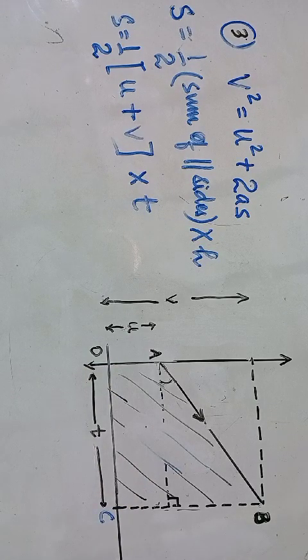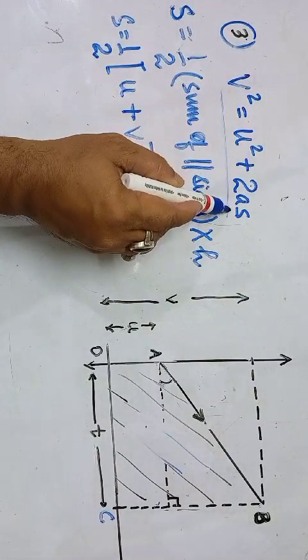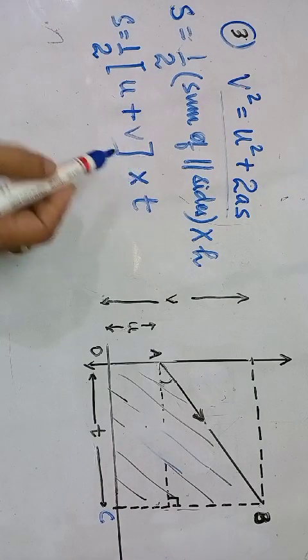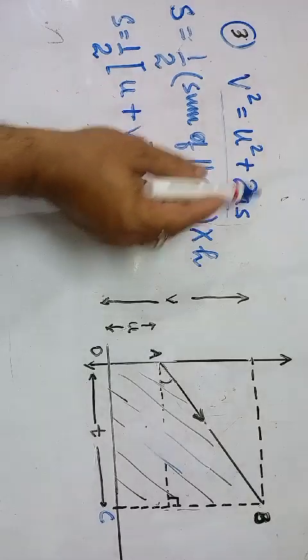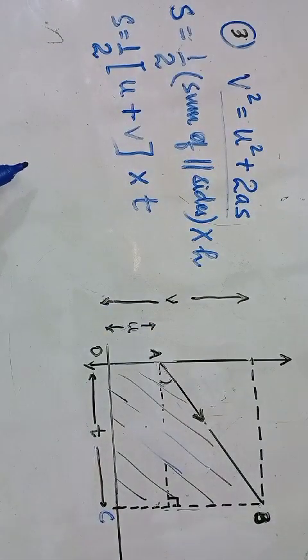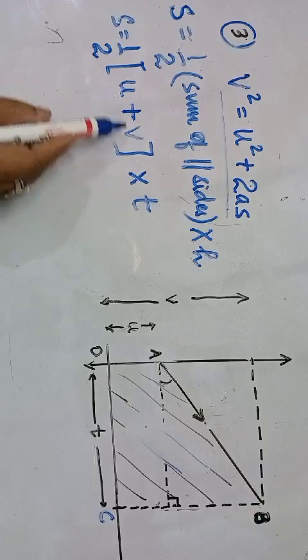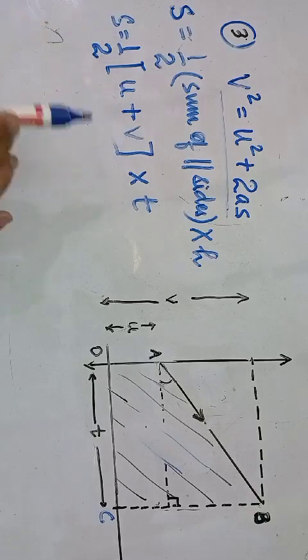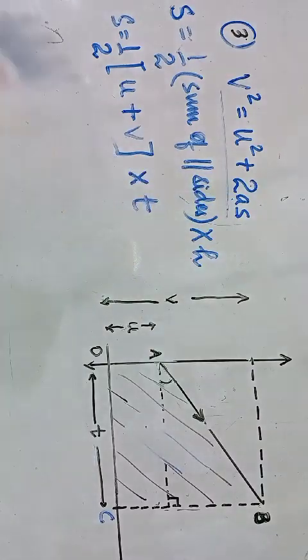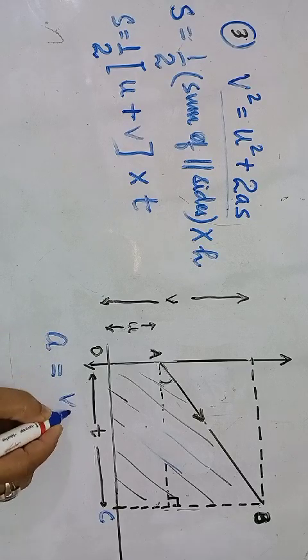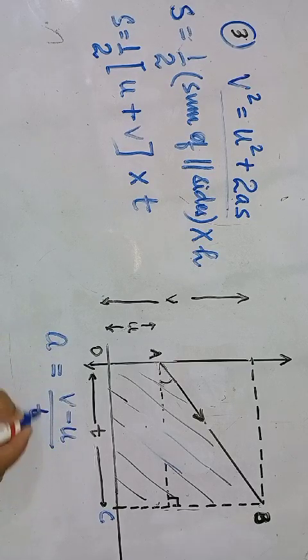Now remember our motive is to come to this equation. We have got something to start with. Now let us try to change this into this. The first thing that you should notice here, children, is that this has t, u, v, s in it, but no a in it. We have to get a somehow into this equation. So once again, you can use the formula acceleration is equal to v minus u upon t.